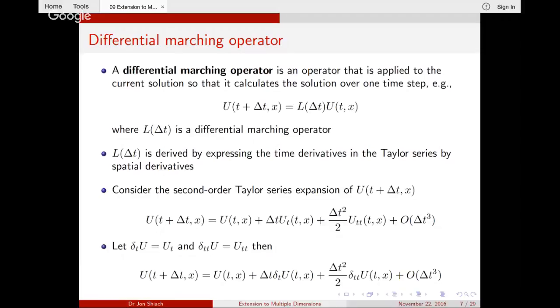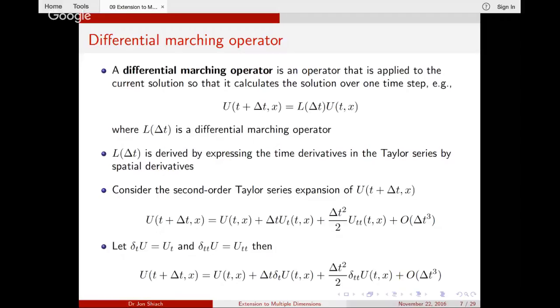The derivative of u with respect to t is the same as saying little delta t of u. This is an operator applied to my value. So u_t is exactly the same as little delta t u. Likewise, the double derivative is the same as the operator delta double t applied to u. It makes the algebra a lot easier writing it in that form.